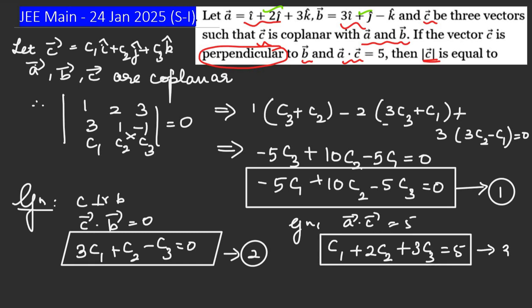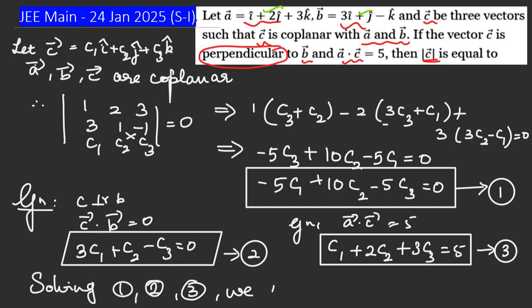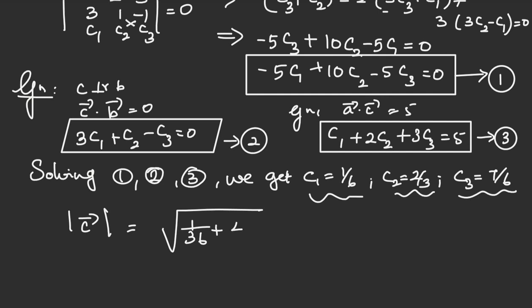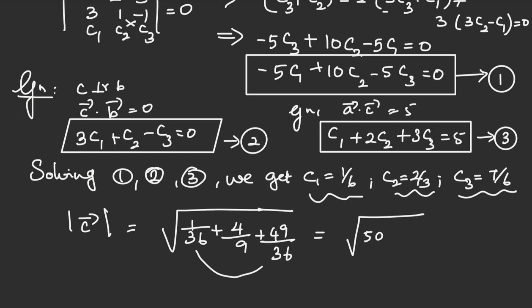Solving the three equations, we get the values for C1, C2 and C3. C1 is equal to 1 by 6, C2 is equal to 2 by 3 and C3 is equal to 7 by 6. Our question is to find mod of C. Therefore, mod of C will be equal to root of 1 by 36 plus 4 by 9 plus 49 by 36, which gives us root of 1 plus 49, that is 50, divided by 36, plus 16.